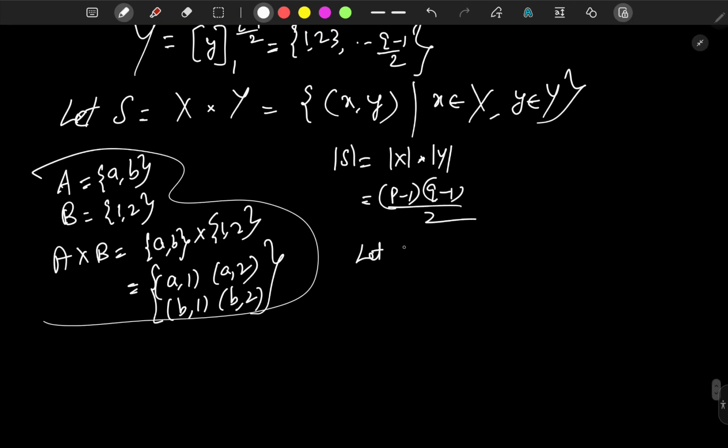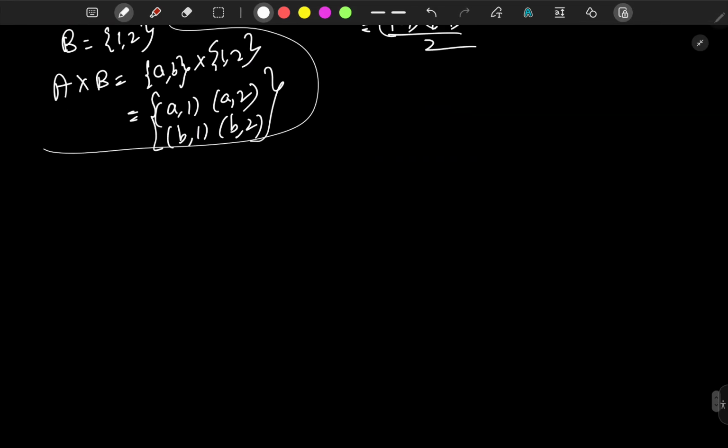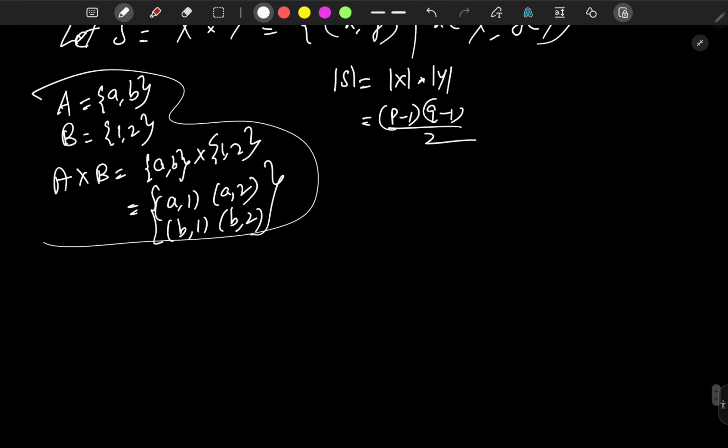So now this is the proof. In a proof, mathematicians, after doing so much research, proceed with some idea and finally reach something, and if it is correct, then they document and write the proof neatly.